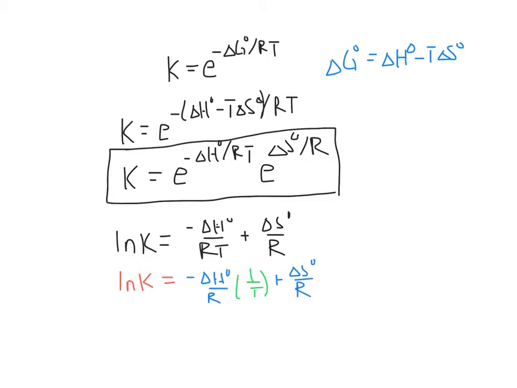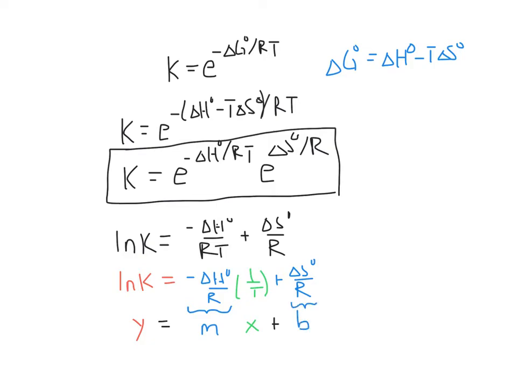If we do it this way, then if we use the natural log of the equilibrium constant as y, that will be equal to some slope value times x. So if we put 1 over the temperature on the x-axis, plus some y-intercept value.